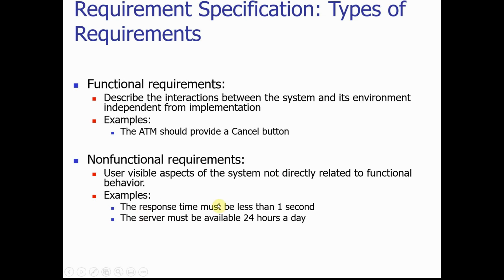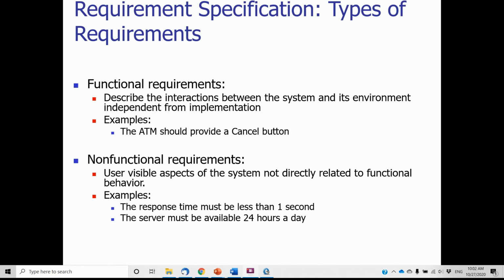For example, the response time must be less than 1 second, and the server must be available 24 hours a day. So usually this information is not obvious from the beginning, but once we dig down into the system requirement and communicate with the customer, we can get this non-functional requirement. Okay.